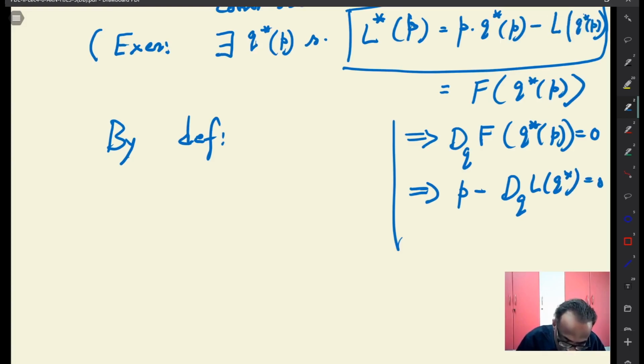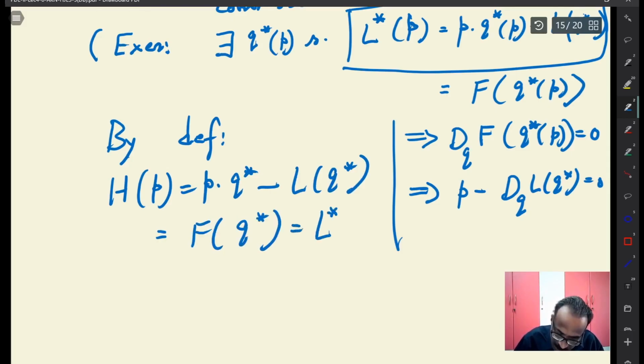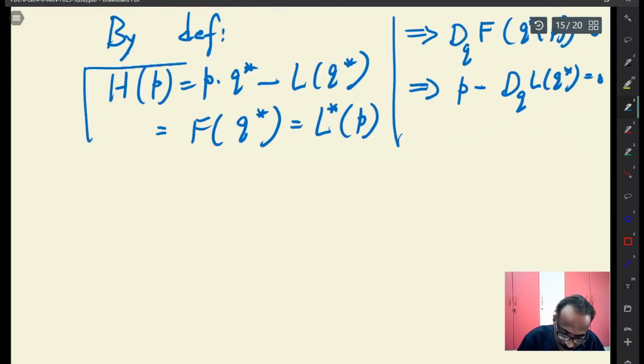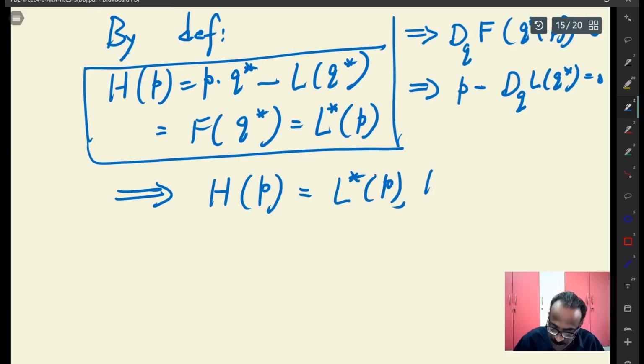So by definition, your H of P is nothing but P dot Q star minus L of Q star, and that's nothing but your F at Q star, and F at Q star is nothing but L star of P. So you see, that implies your Legendre transformation H of P is equal to L star of P.